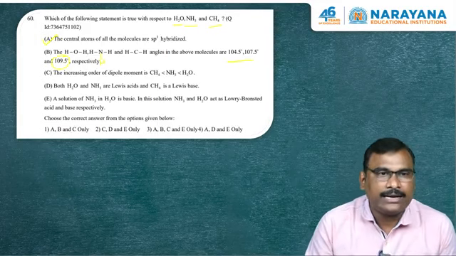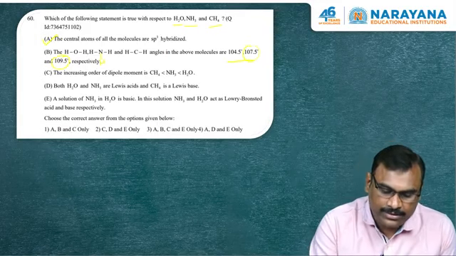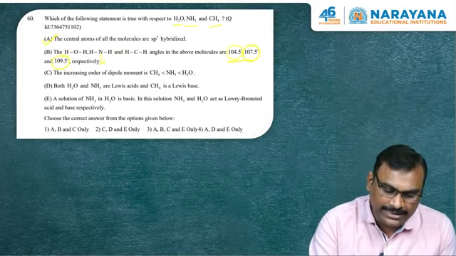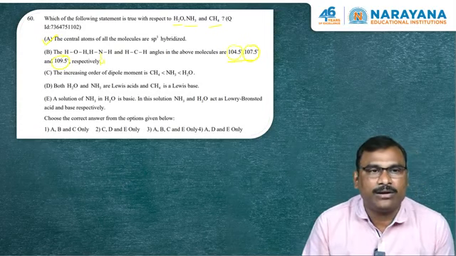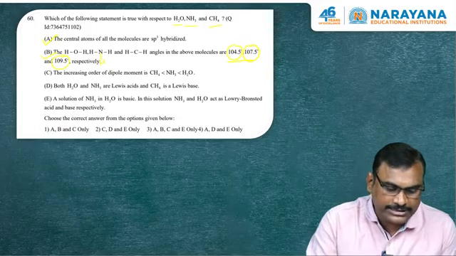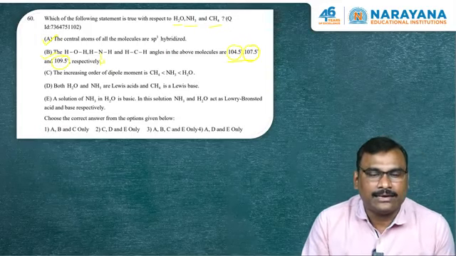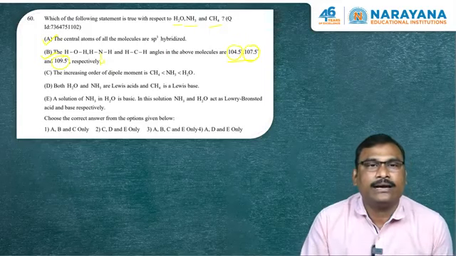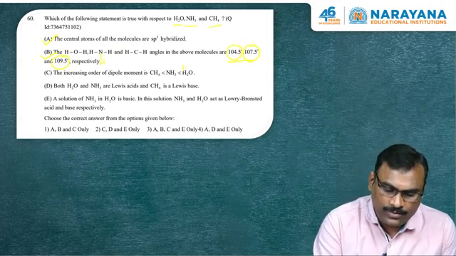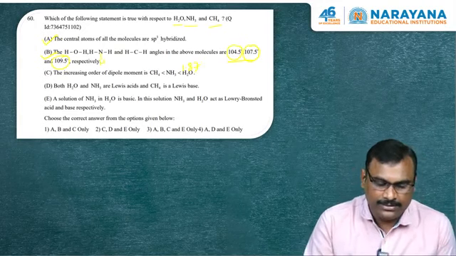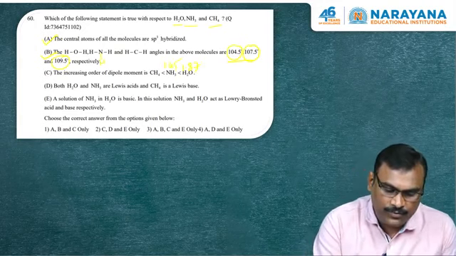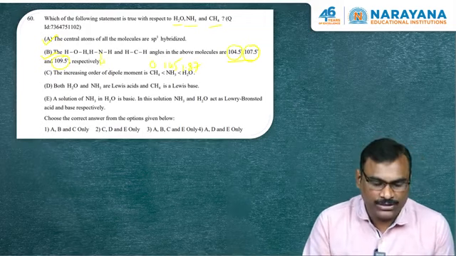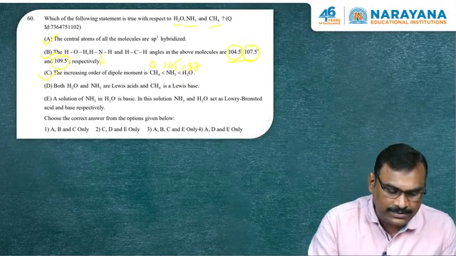Methane has 109.5 degrees bond angle, ammonia has 107.5 degrees and water has 104.5 degrees bond angle, so that is also a correct statement. The increasing order of dipole moment in methane, ammonia and water: water has 1.87, ammonia has 1.45 and methane has 0 D dipole moment. So, this again is the correct one.